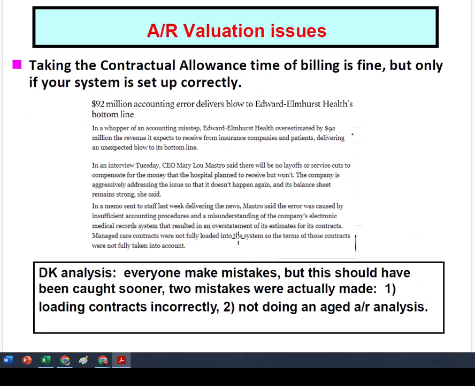But why this is important and why I make the distinction: our good friends at Edward Elmhurst a number of years ago had a $92 million accounting error. So they loaded in Epic, again a sophisticated system that could take the contractual adjustment at time of billing.